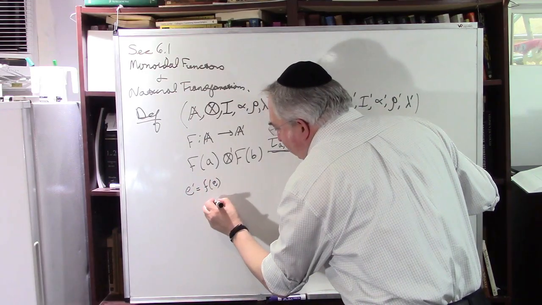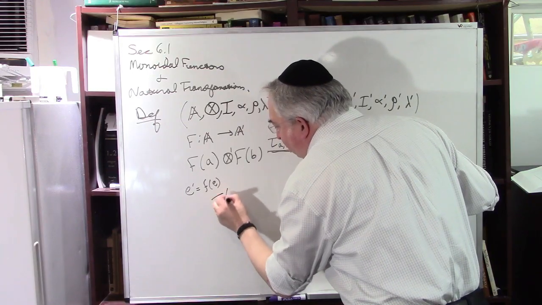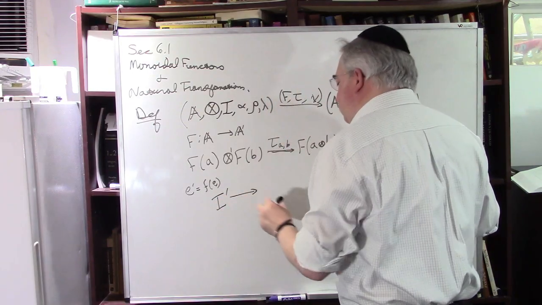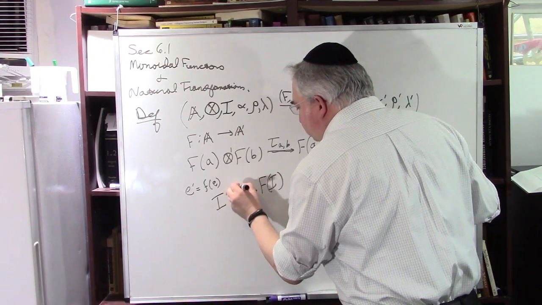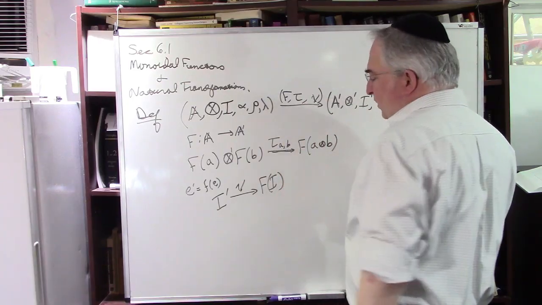So we're going to have as follows. We're going to have I prime of F of I. We're going to call this mu. I don't know what the Greek letter is.